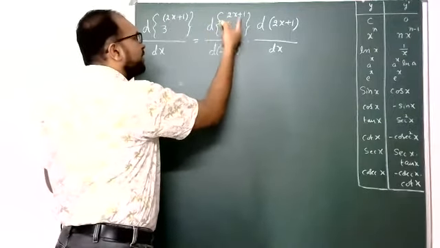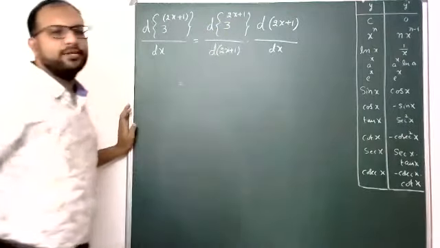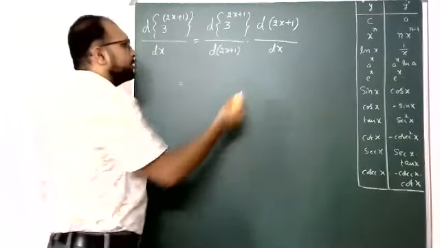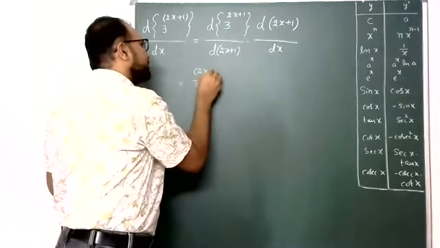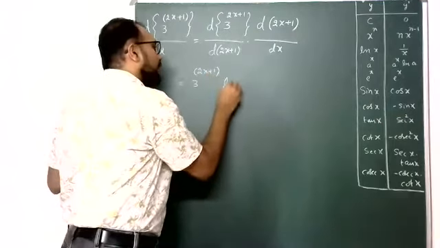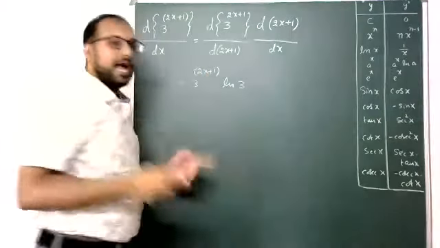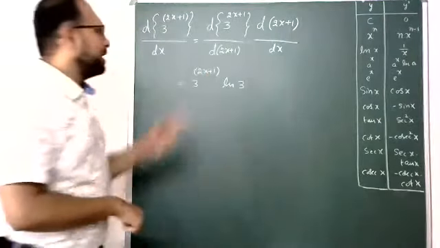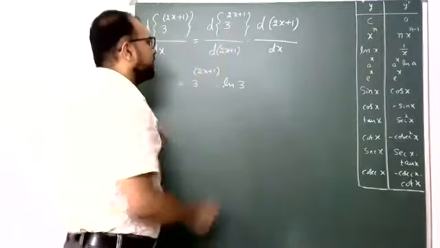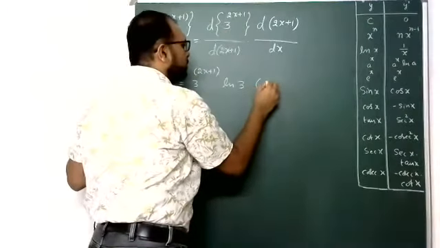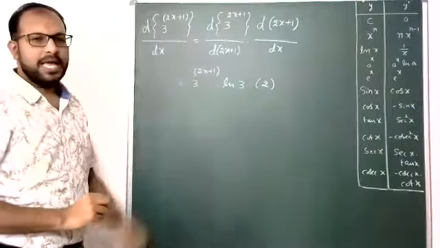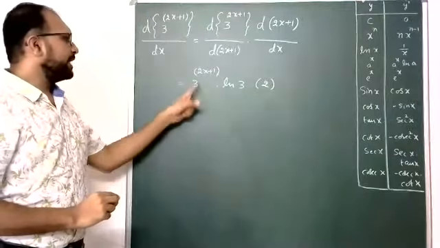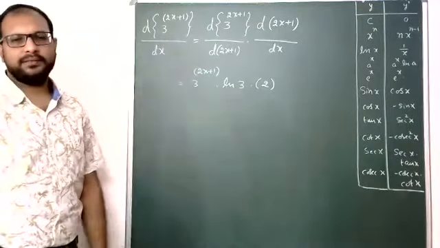That means simple. Yes, now coming to here. Derivative of 3 to the power of 2x plus 1 in the form of a to the power of x. So a to the power of x, 3 to the power of 2x plus 1 into ln 3, means log 3 base e. Up to here first term over. Next into 2. So final answer: 2 into ln 3 into 3 to the power of 2x plus 1.